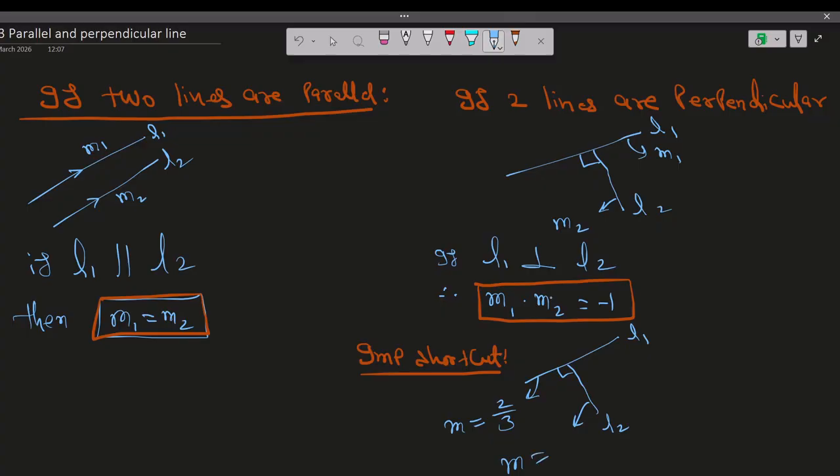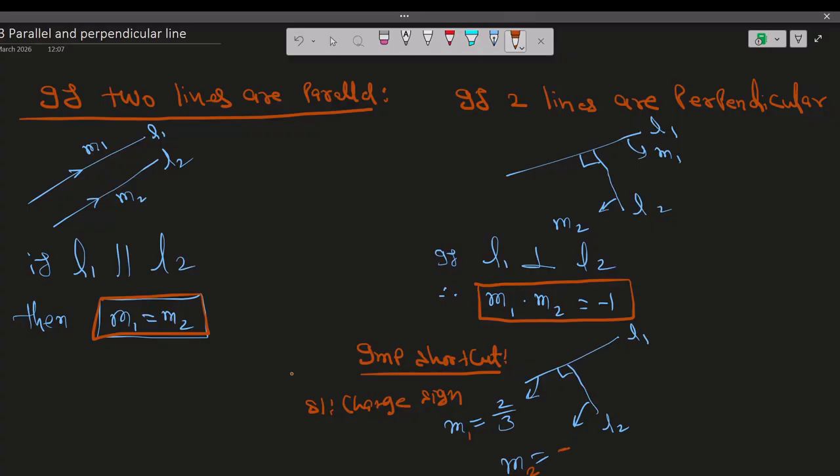Definitely, we can use this property, M1 into M2 equals -1, and using it you will get the answer. But the same result we have to note as an important shortcut. Step 1 to find the slope: change the sign. Change the sign means if M1 is 2/3, positive, then M2 will be negative.